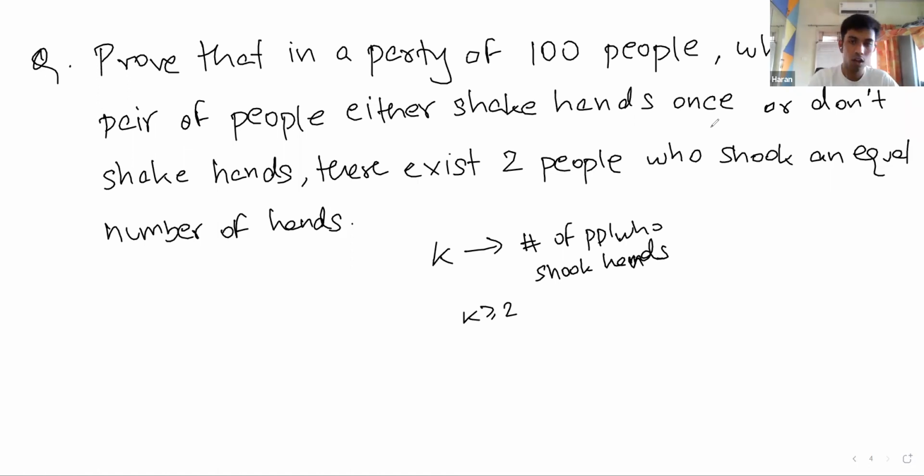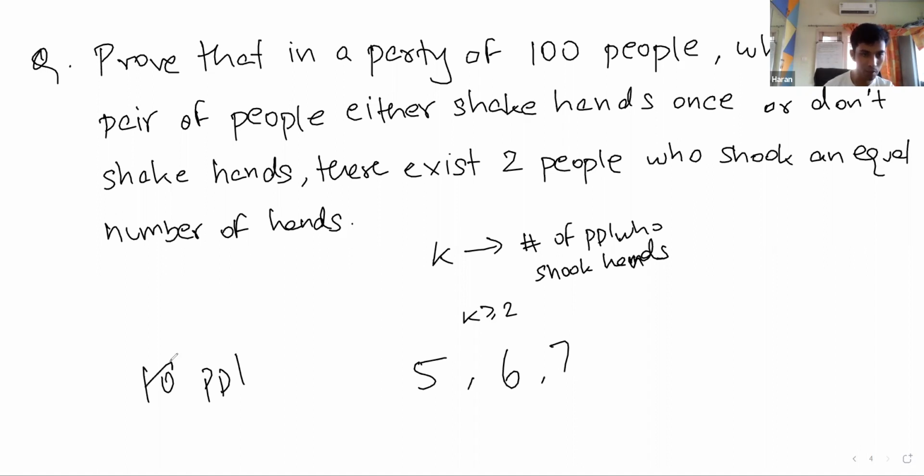So what she's saying is, if you have, let's say, 10 people, and every person shook hands either 5 times, 6 times, or 7 times.